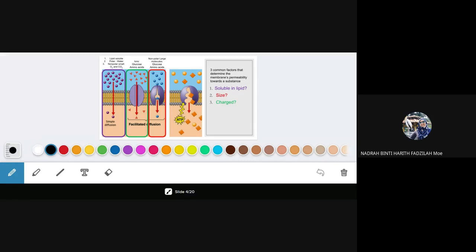What are examples of ions that go through channel protein? So how can we label it correctly? Use the pencil tool, and then since the background is white, we use the white color. We use the pencil tool and adjust the size, and we use it as a sort of eraser.